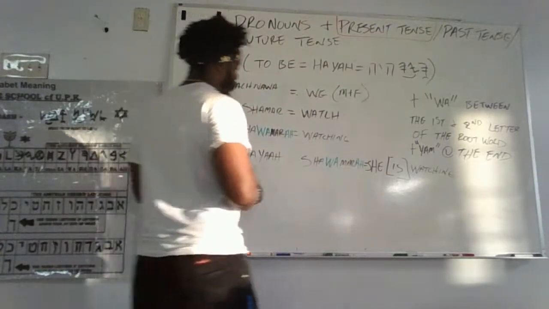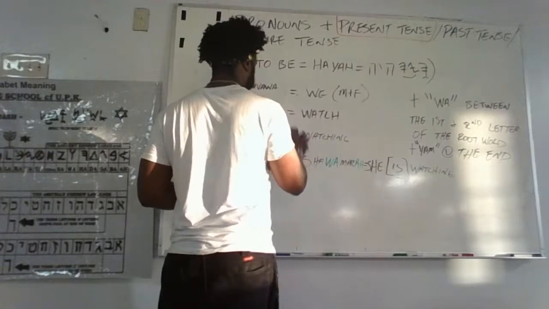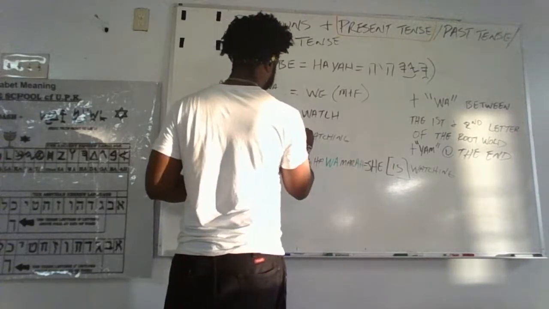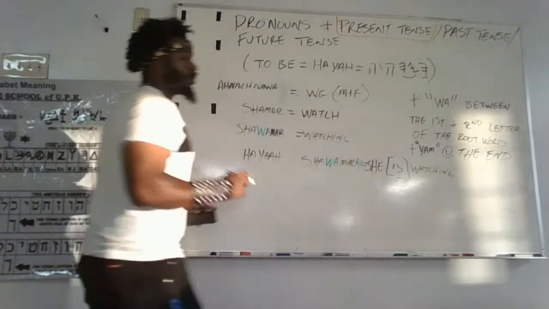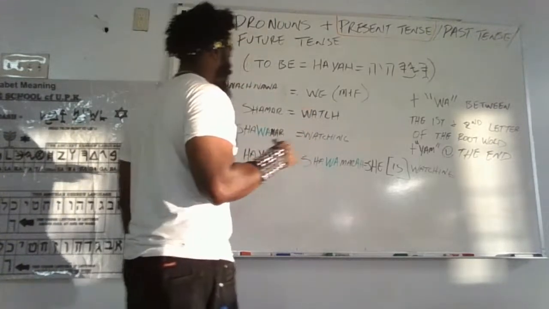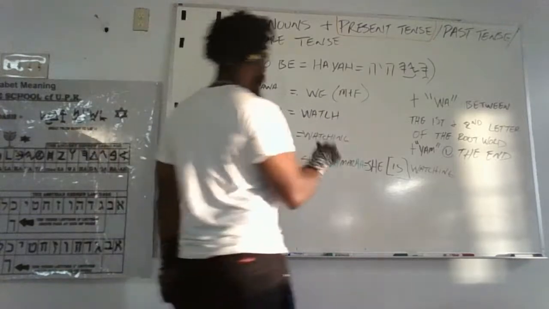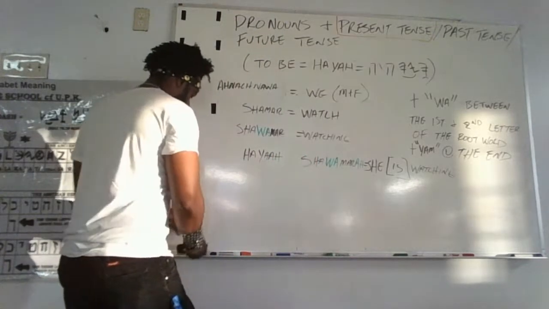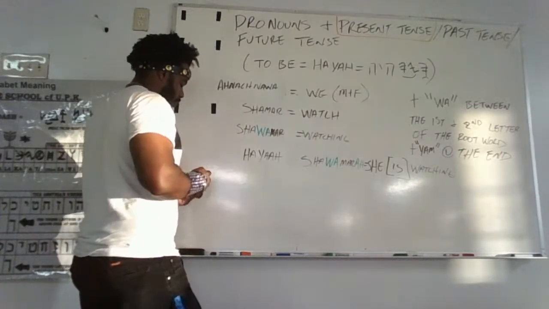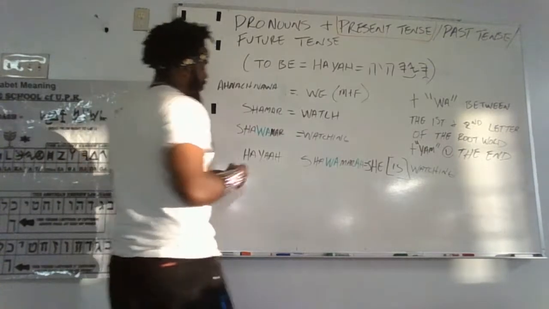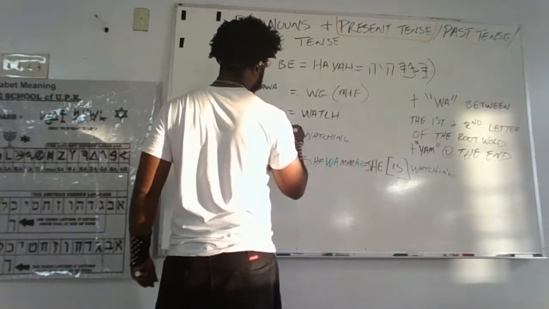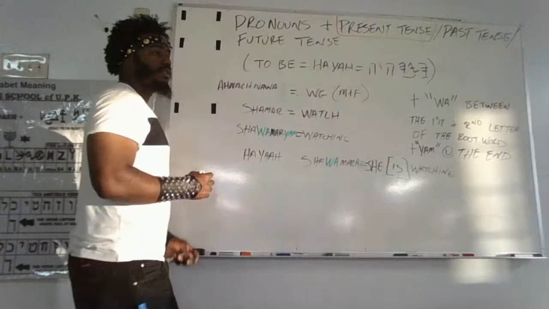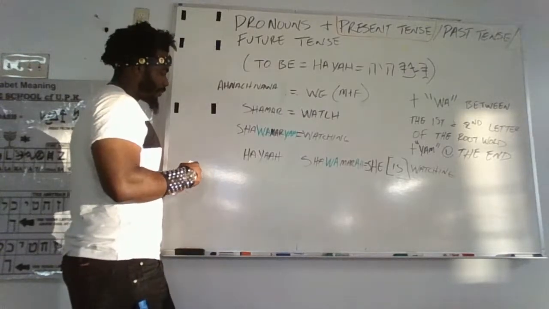So now, the caveat to the rule when you're dealing with pluralities: you add the same thing, you add a wa between the first and second letter. But the caveat in this instance is you put yum at the end.